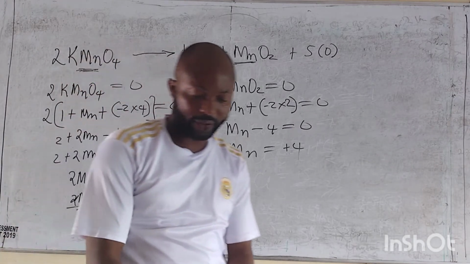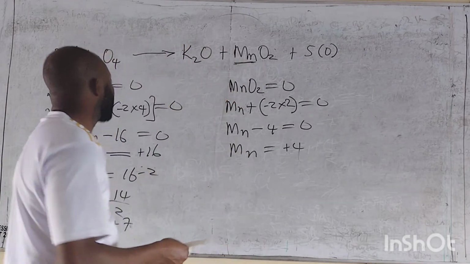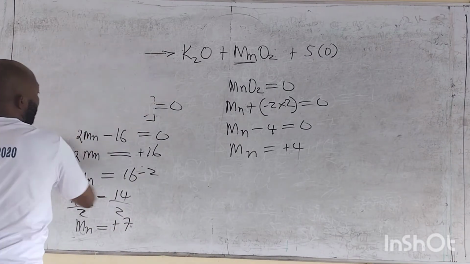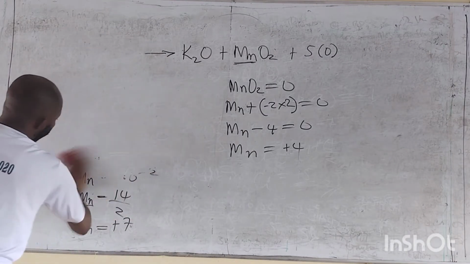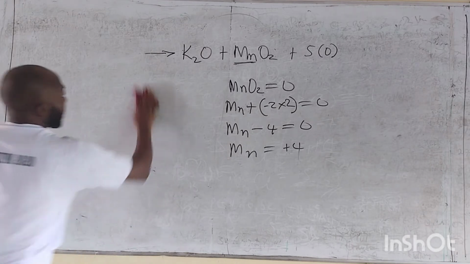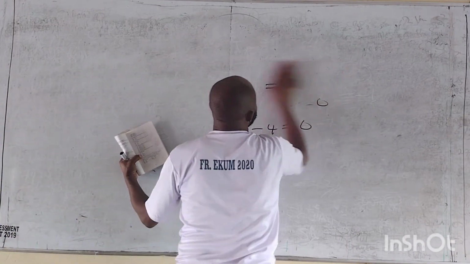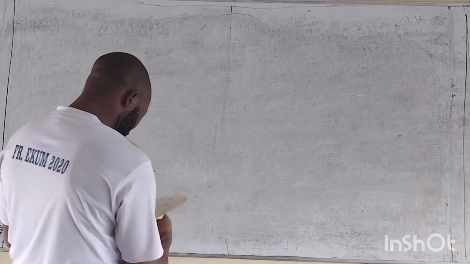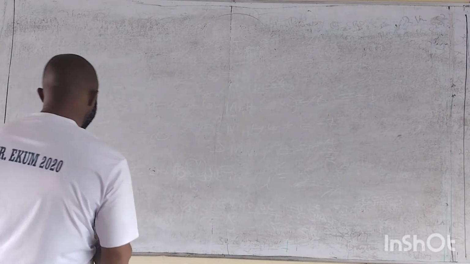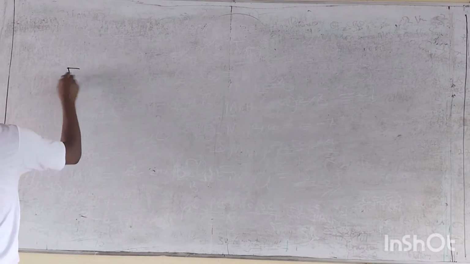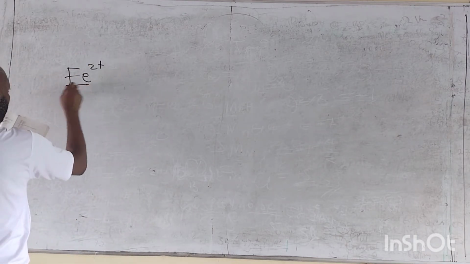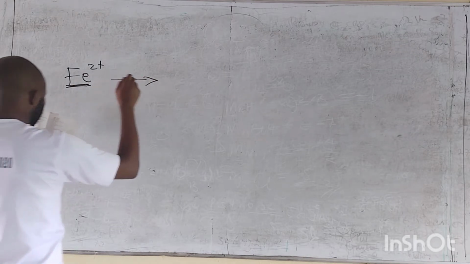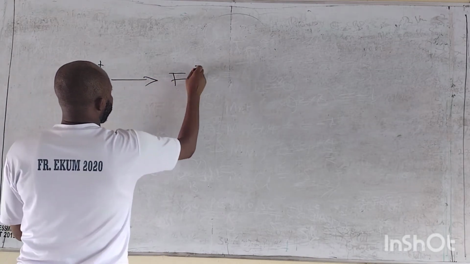Let's take another one of such. So, in bold print as usual, we have Fe2+ gives us Fe3+.